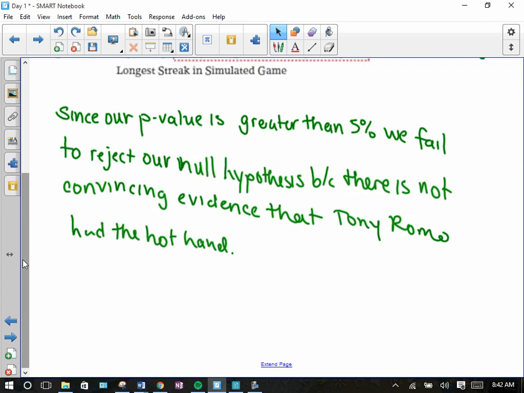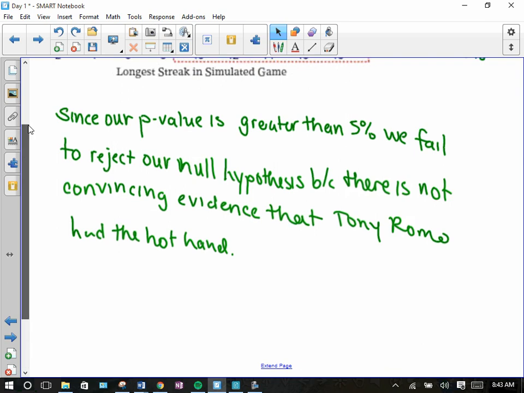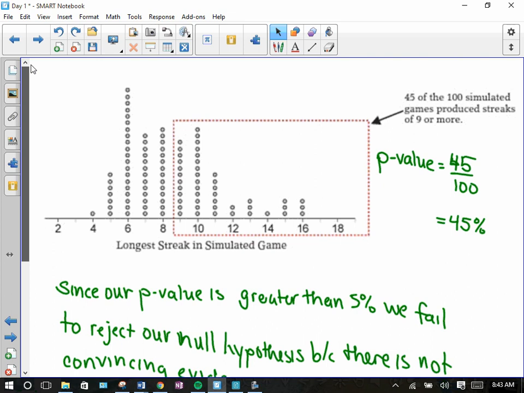All right. Now, if we look at this dot plot, how many completions would Tony Romo have to have in a row in order for us to be able to say, yeah, he had the hot hand, or there's enough evidence to support that he had the hot hand?